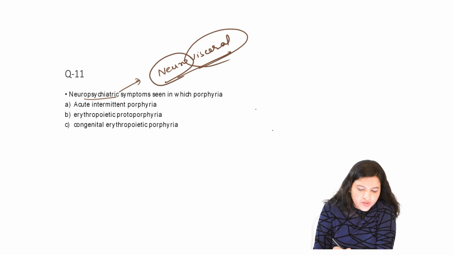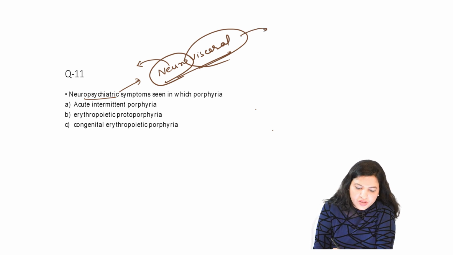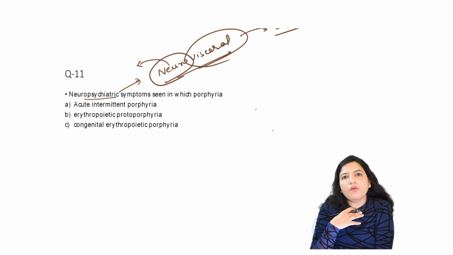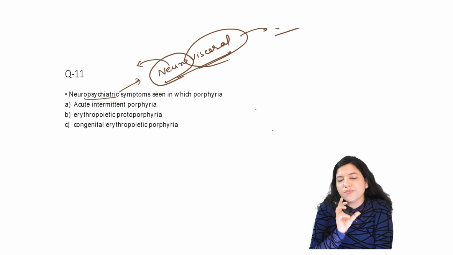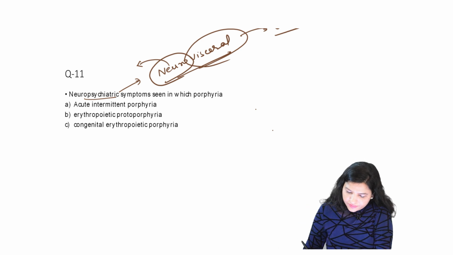In this neurovisceral symptom, the neuro component is the neuropsychiatric symptoms, and the visceral symptoms are the GIT symptoms. So we will move on to the concept behind the symptomatology of various porphyrias.